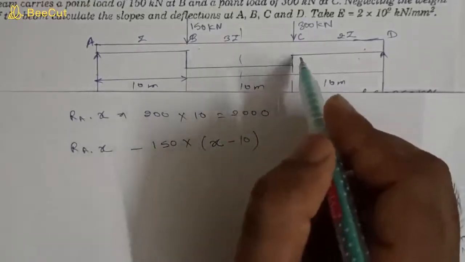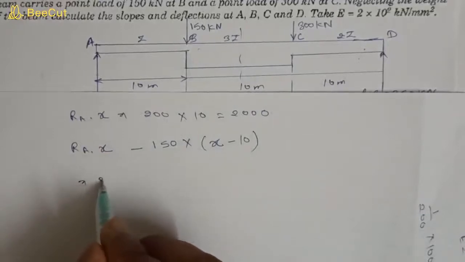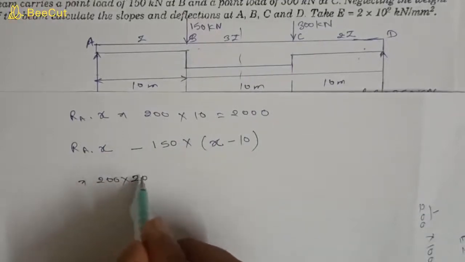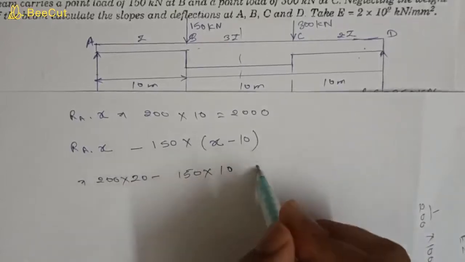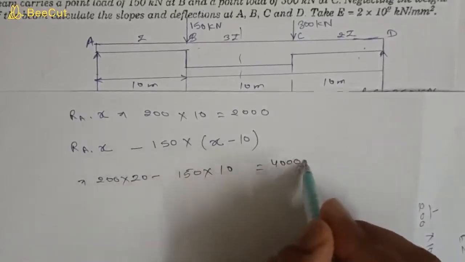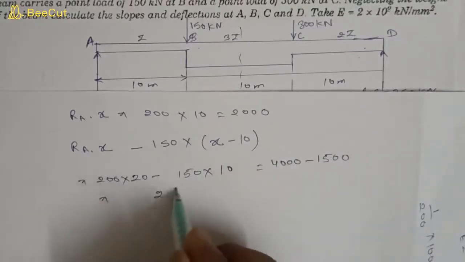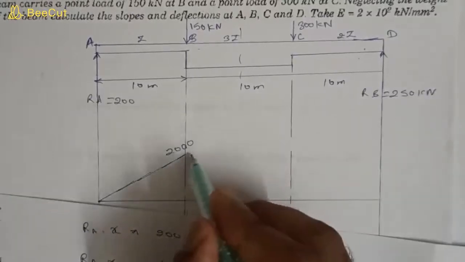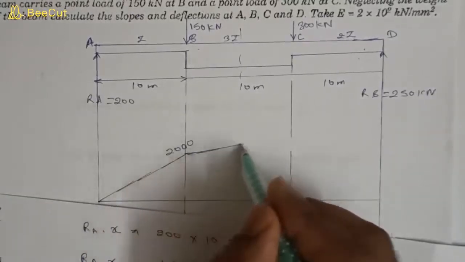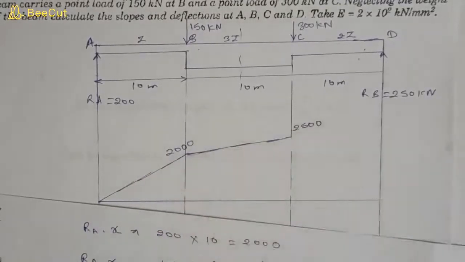And the value at C, with 10 plus 10, 20 meter, X is equal to 20. So RA is 200 into 20 minus 150 into 20 minus 10, which is 10. So it will become 4000 minus 1500, so it will become 2500. Okay, so it will increase up to 2500.